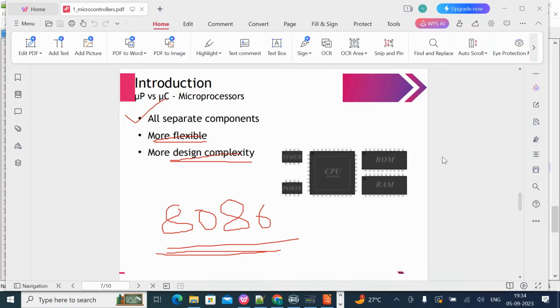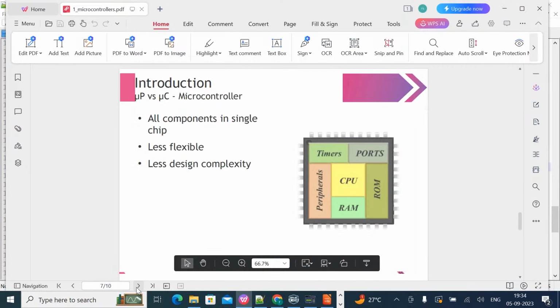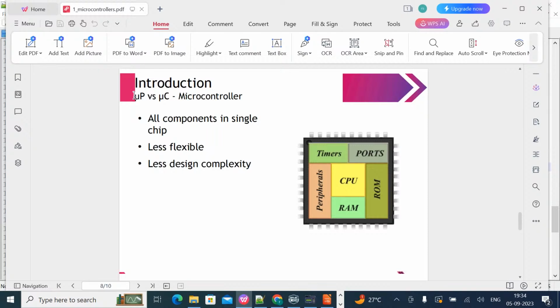Now let me talk about the microcontroller. So what about the components in a microcontroller, whatever memories, timers, ports, other peripherals? Are those going to be separate like in a microprocessor?